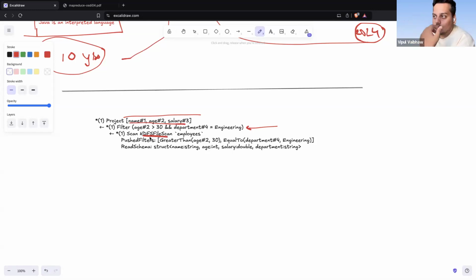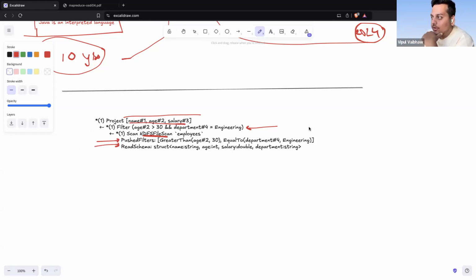So you do an HDFS file scan for the employee table. Here are the push filters, and here is how the schema is going to be read. I think this is predicate pushdown, or projection pushdown, if I'm not wrong, but I can be wrong here. I have forgotten a little bit about how exactly physical plans work.